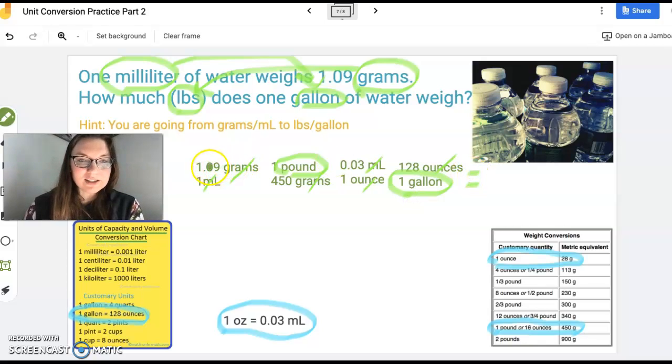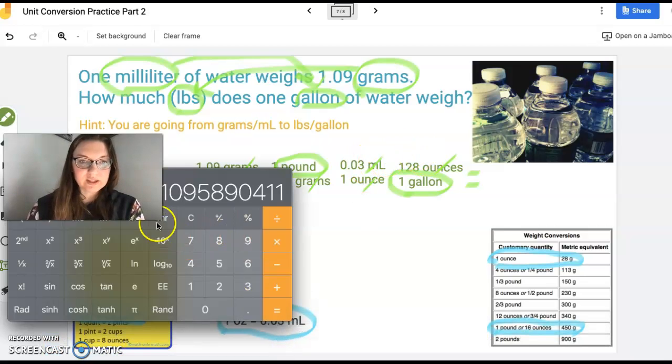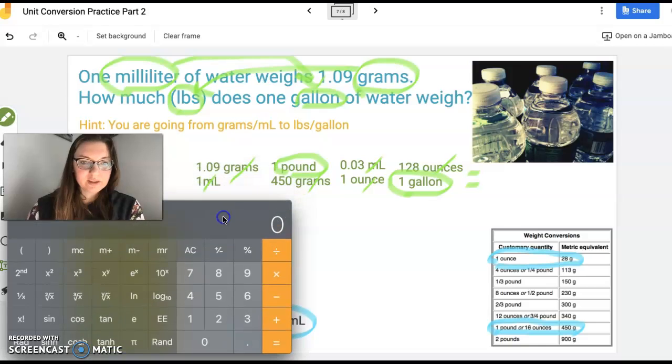Okay, so we're going to multiply across the top. 1.09 times 1 times 0.03 times 128 is going to be, sometimes I like to just do the 1 just because it's there, 0.03 times 128.